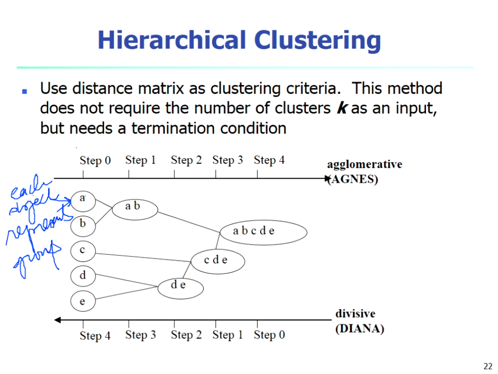So if we begin with each object represents one group, and in every step we will merge objects together to represent a group, in this case, we talk about agglomerative method. This is the first method.